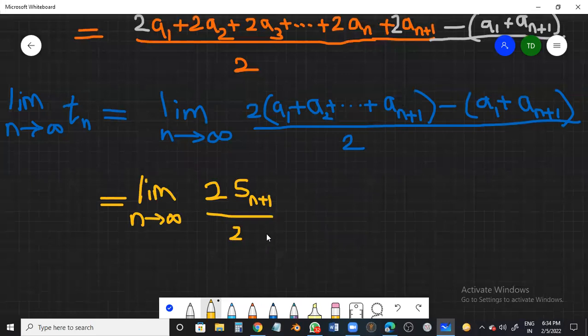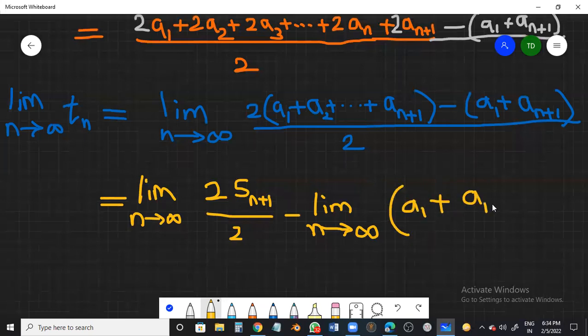Sure? Minus limit n tends to infinity a1 plus a(n+1), and upon 2 I have. Do you agree?